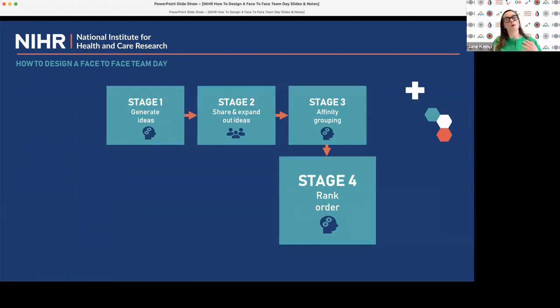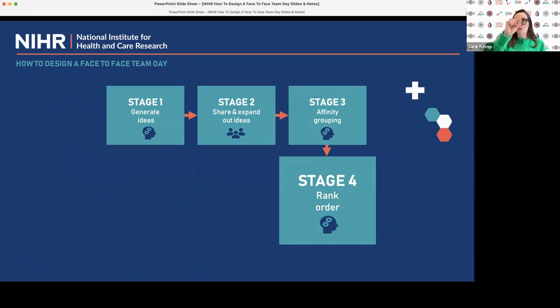And stage 4, once you've got the top ideas, so in stage 3 individually we're bringing out the key ideas, sharing that back as a group. Stage 4, we rank them 1 to 5. So we've got these 5 top ideas. I would like individually everybody to rank them 1 to 5.